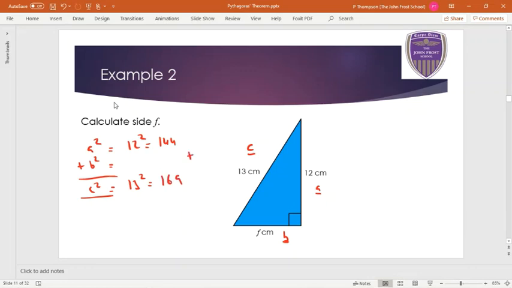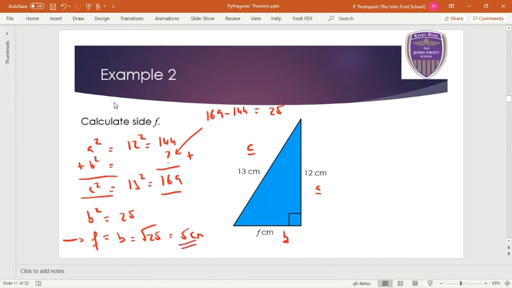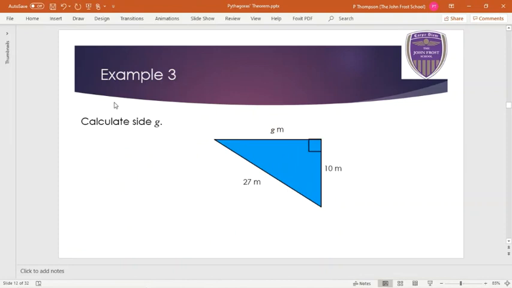And 144 plus something is 169. Again, either count on or take them away, and you get that you need 25 there to make the sum work. So b squared equals 25. That means that b is root 25, which is 5 centimeters. This was called f, so f is 5 centimeters. Easy peasy.